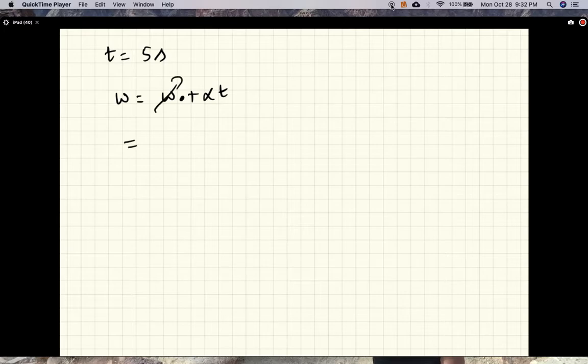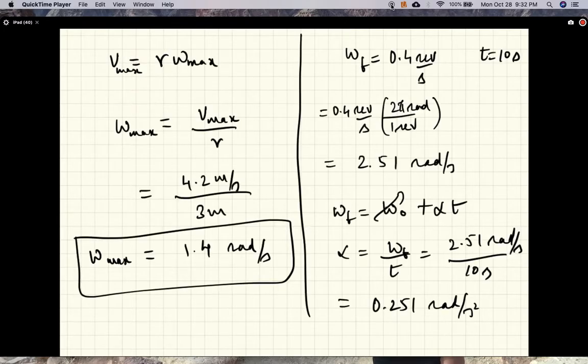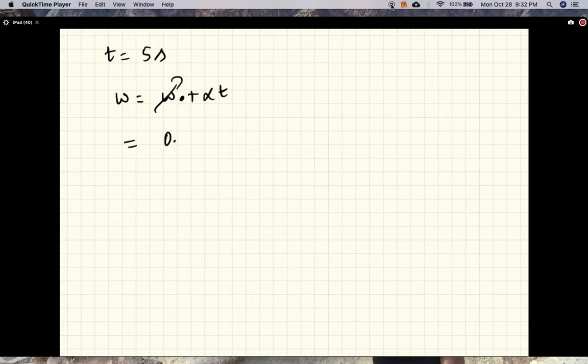Omega naught is 0, the child starts off at rest. Angular acceleration is 0.251 radians per second squared times 5 seconds, which is 1.26 radians per second.